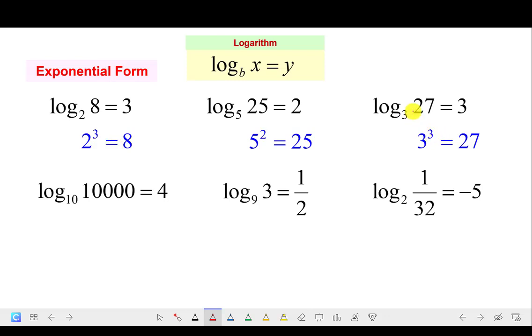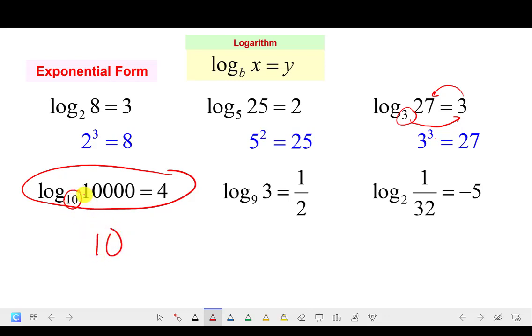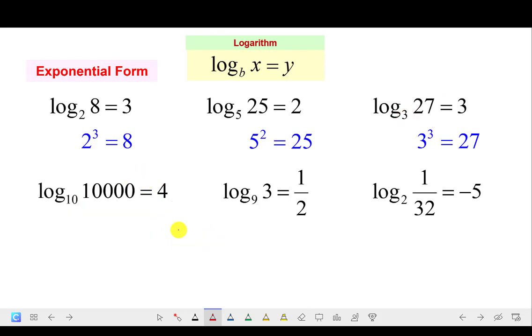Notice what happens. 3 raised to the power of 3 returns 27. So if I'm going to write this in its exponential form, well, what would I do? Well, base raised to the 4th returns 10,000. So that's an equivalent expression.